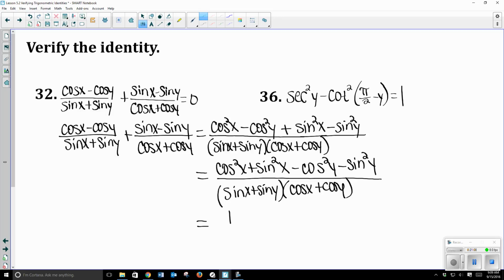That's 1. If we factor out a negative 1, we get negative cosine squared y plus sine squared y.